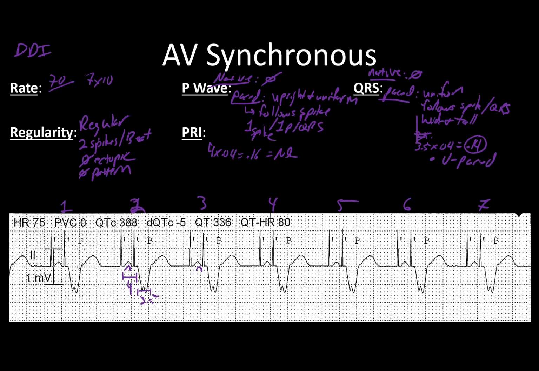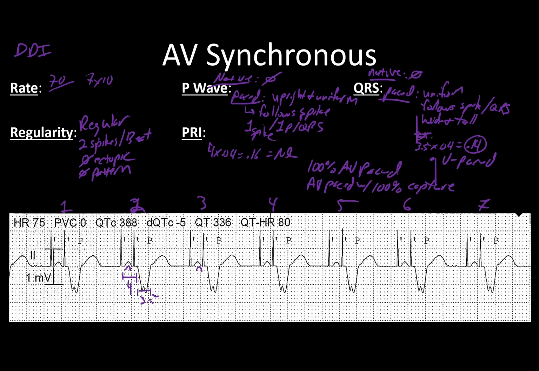And so you've got a spike causing a P wave, and then you've got a spike causing a QRS. That is something that we would call 100% AV paced. Or you could say something like AV paced with 100% capture.